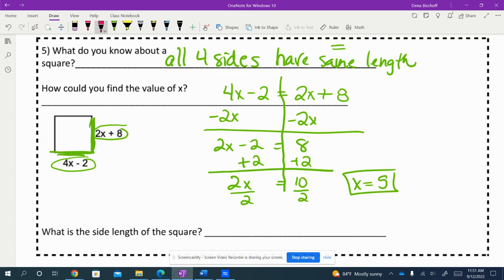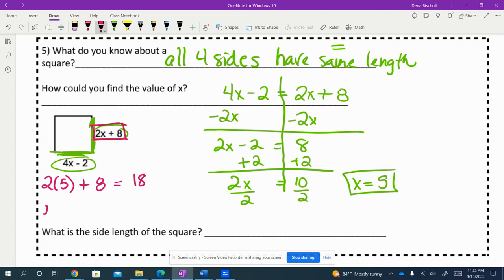Yeah, so how do I figure out one of the side lengths? I don't want to know all of them. I just need to know one of them, Gavin. Yeah, take this expression and do 2 times whatever x is, which is 5, plus 8. Let's see, 2 times 5 is 10, plus 8 is 18. What if I wanted to use the other expression?